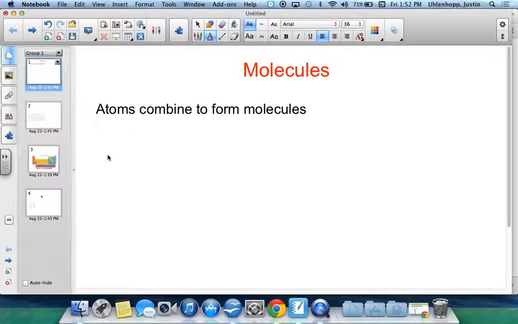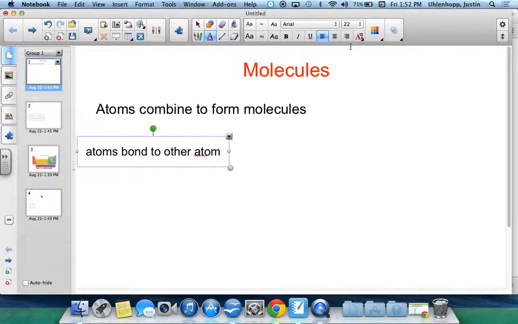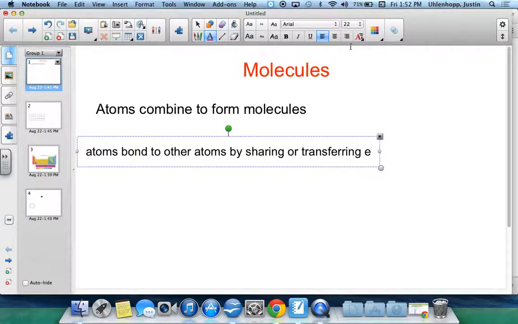Another thing we need to know is that atoms bond to other atoms by sharing or transferring electrons. So in order for two atoms to bond, they have to share electrons. That's the only way they can actually bond together.